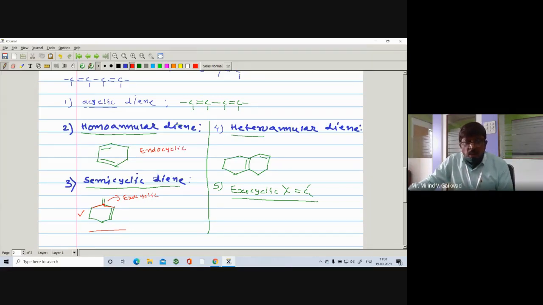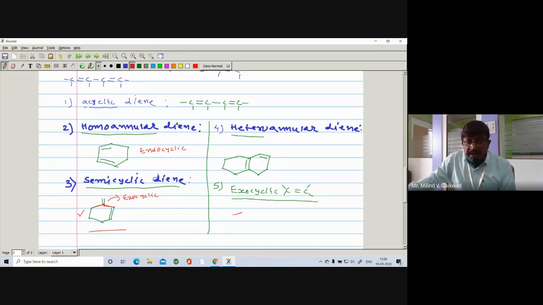So it is exo and it is endo. Even this pi bond is endo, right? Even in the heteroannular diene, this pi bond is also inside the ring. They are not pointing outside the ring, so it is also endo. Here we'll take one more example for the exocyclic carbon-carbon double bond.